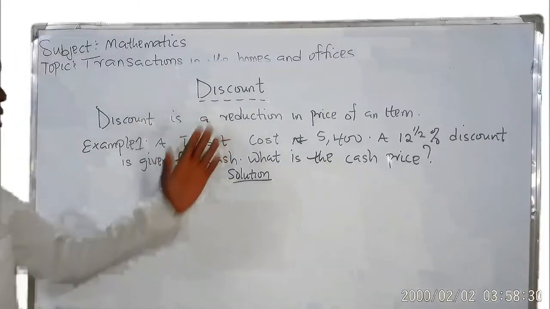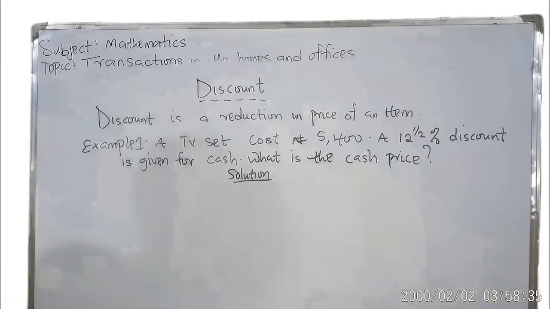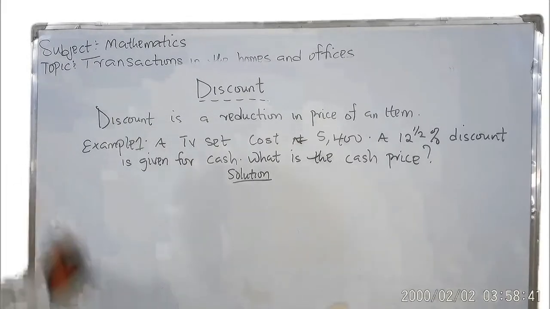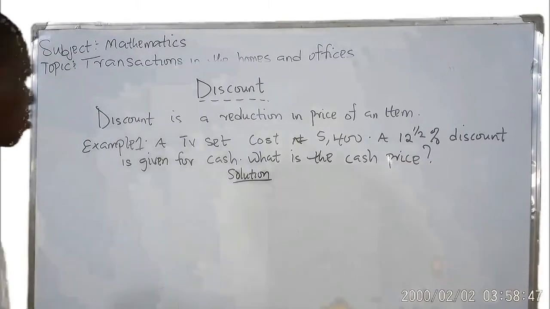So let's take a look at this example. A TV set costs 5,400 naira and a 12 1/2% discount is given for cash. What is the cash price? That is what we are going to look at now.